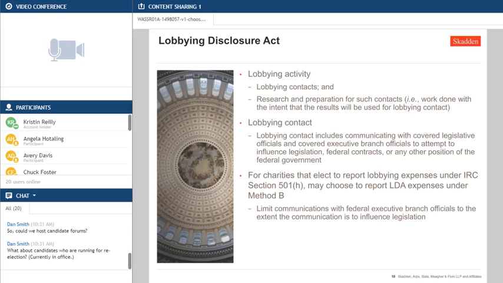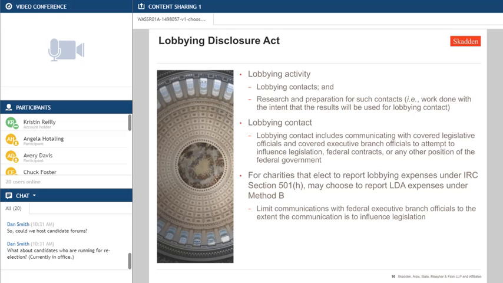If you're using Method B, for purposes of the threshold and reporting, you just consider your communications with executive branch officials to the extent that they are to influence legislation. So if you're doing Method B, the Zinke thing, talking to Zinke about his drilling deal, wouldn't count.